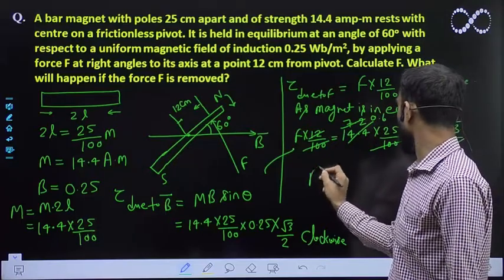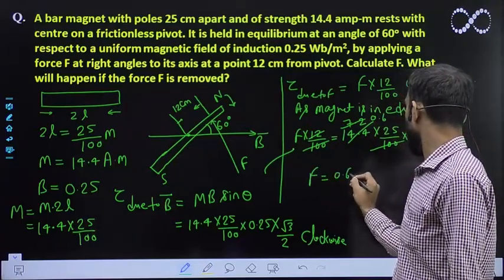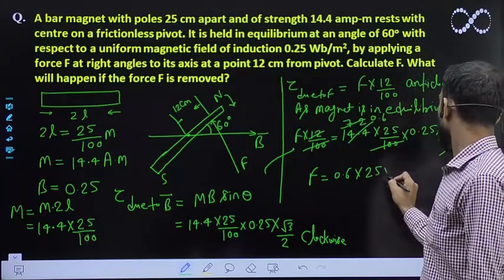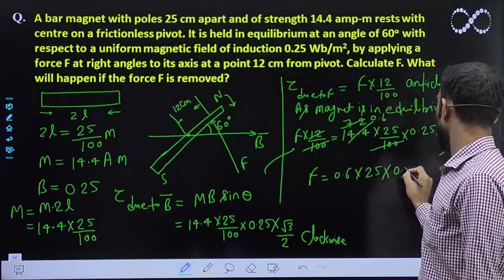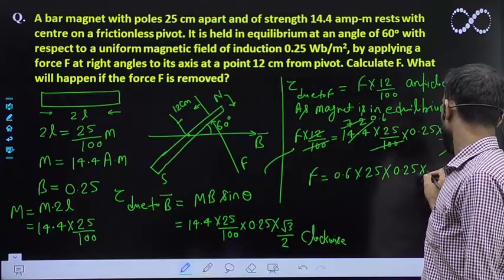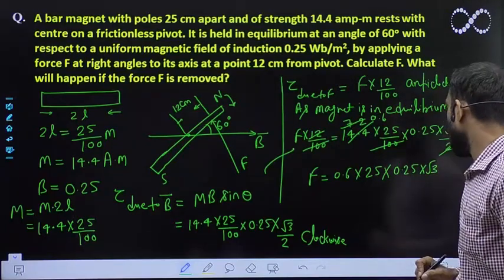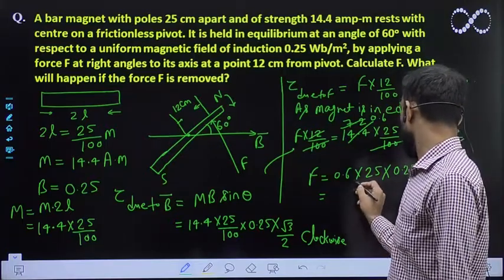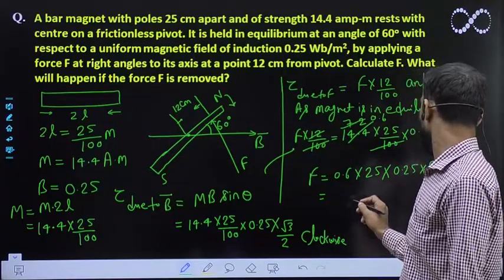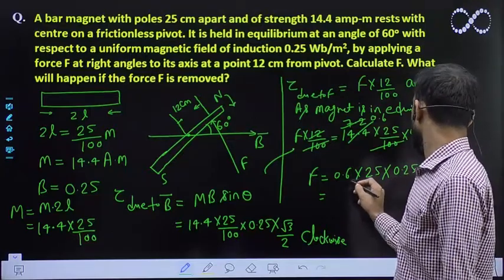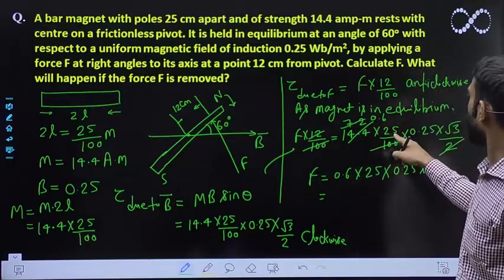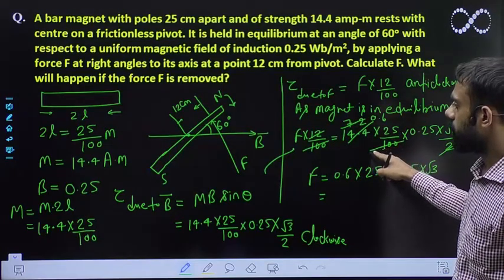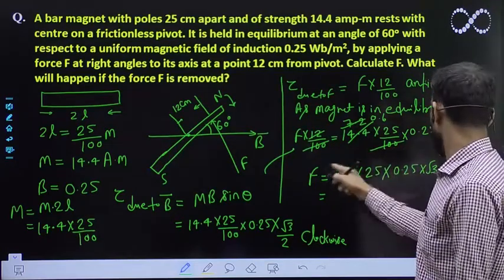So now the force you will get here is 0.6 into 25 into 0.25 into root 3. Now let us multiply this.